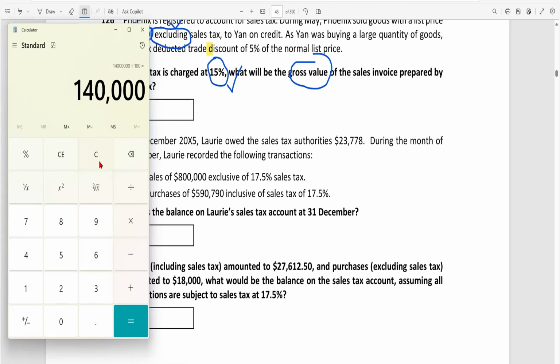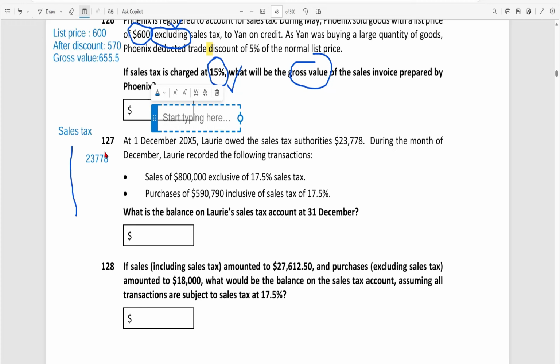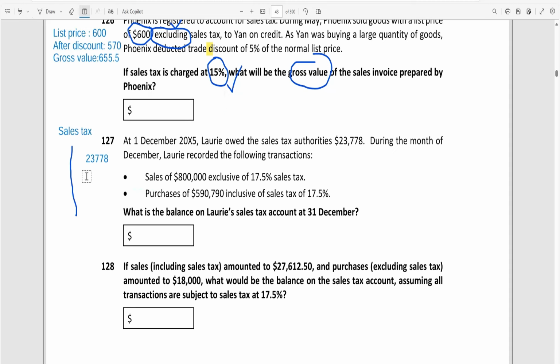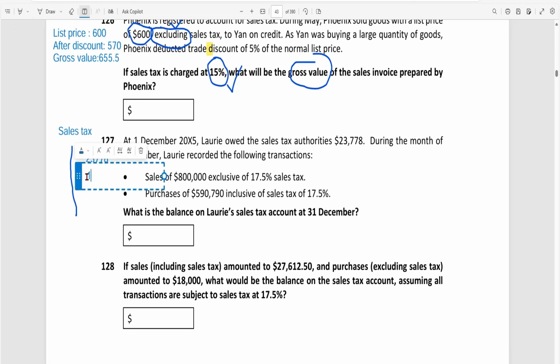So this will give you the sales tax of 140,000. So again, if we are charging tax on the sales, we need to pay that sales tax amount to the tax authority. So again, it's increasing our liability. So here we will add 140,000.